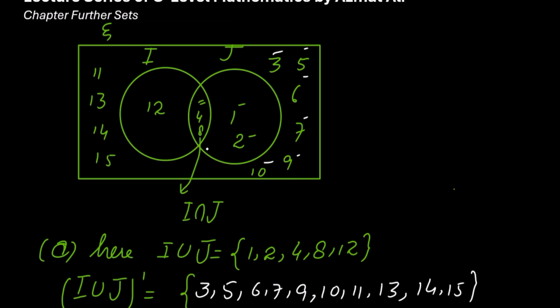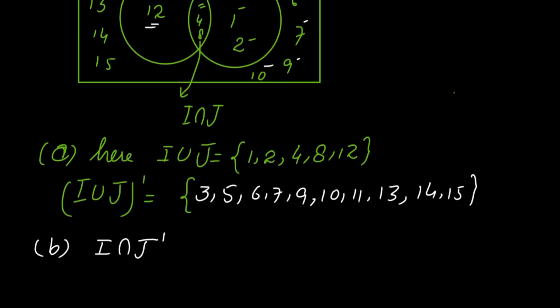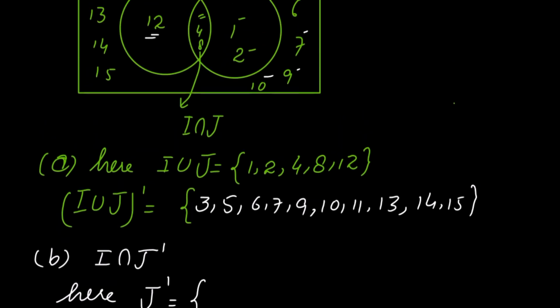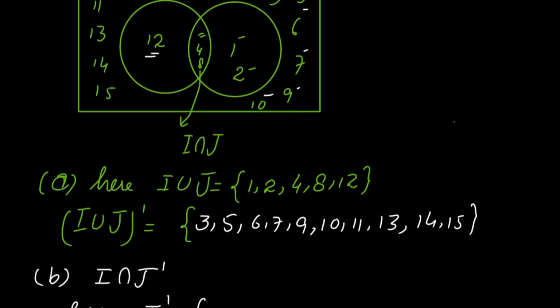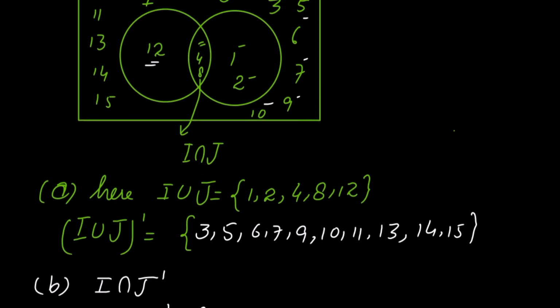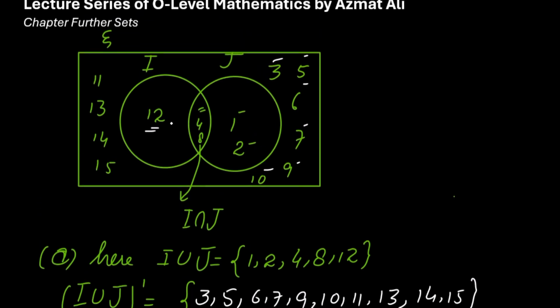So the elements outside the j consist of all the elements in the rectangle, which are 3, 5, 6, 7, 9, 10, 11, 13, 14, 15, and one of the elements that belongs to set I, which is 12.